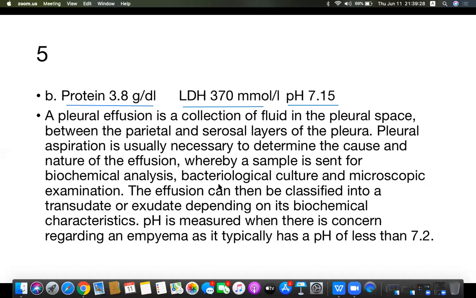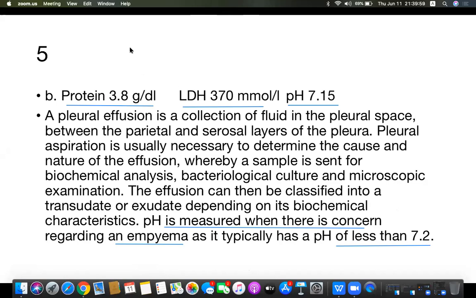If that pleural effusion is infected, then there is high chance of conversion into the empyema. And pH is measured when there is concern regarding an empyema, and the pH in case of empyema is usually less than 7.2. So don't forget, from now onwards, this type of cases would be asked to you repeatedly.